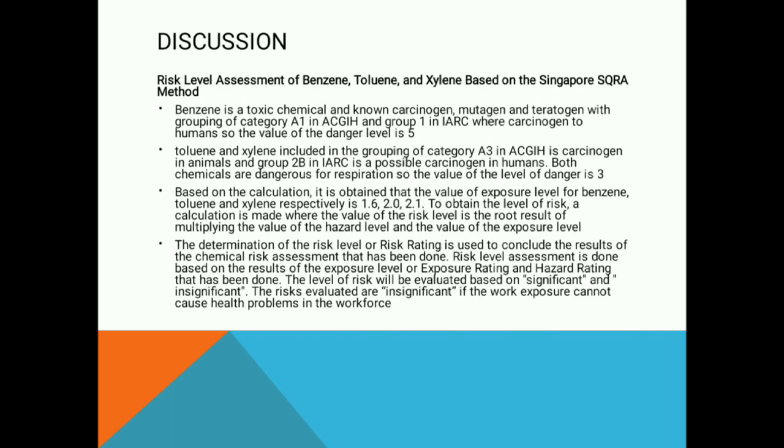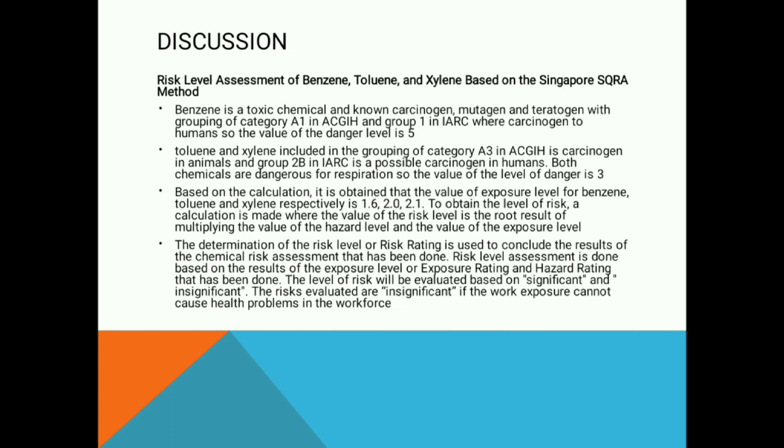So, the discussion of this is the risk level of benzene, toluene and xylene based on the SQRA method. Benzene is a toxic chemical known as a carcinogen, mutagen, and teratogen, with grouping of category A1 in ACGIH and group 1 in IARC, carcinogenic to humans, so the value of the hazard level is 5.